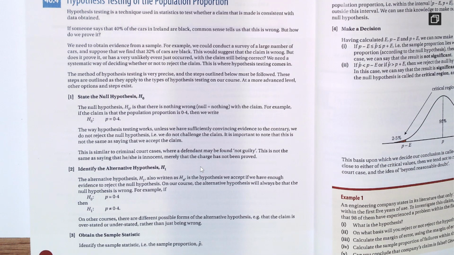If it is outside the interval, then we reject the null hypothesis. Does that make sense? That's basically how it works.